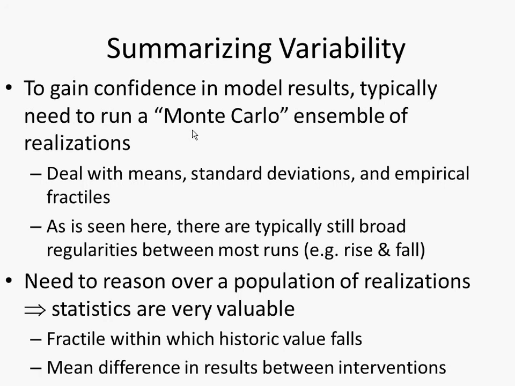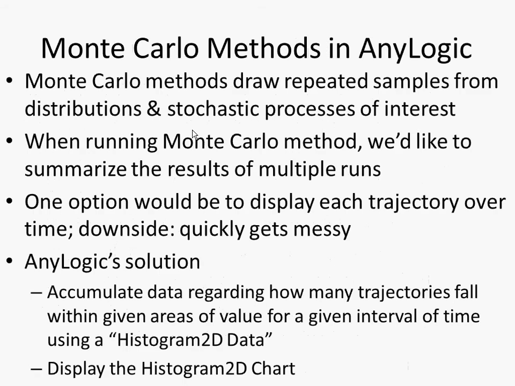So here, we're interested in summarizing variability. And as I said, AnyLogic actually makes this quite easy. Within AnyLogic, it provides a direct way to make use of Monte Carlo methods to draw samples repeatedly from distributions, to run a model over and over again. And moreover, it provides a way of accumulating data that summarizes variability, not plotting trajectory one over the other, but capturing density maps of the output.